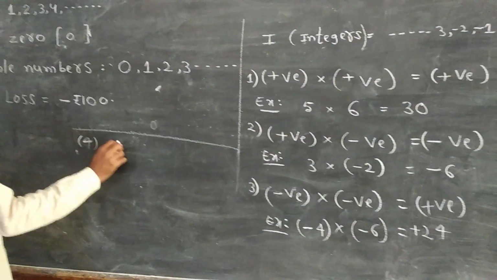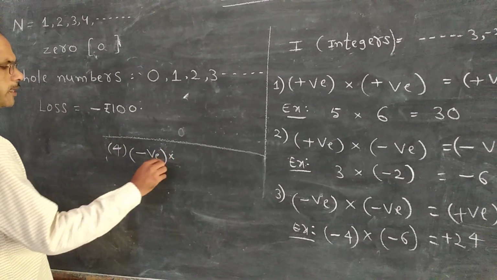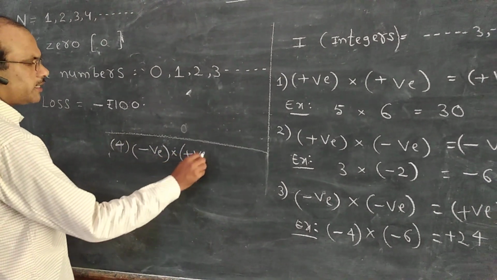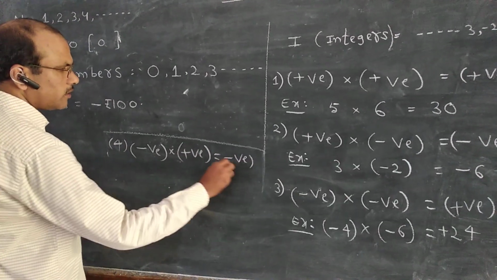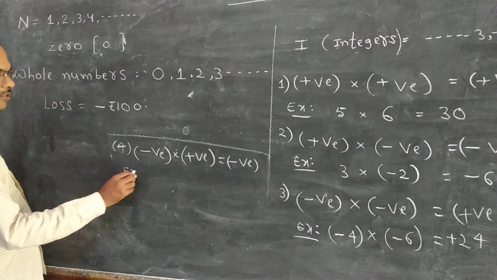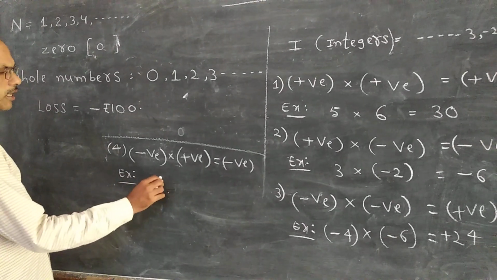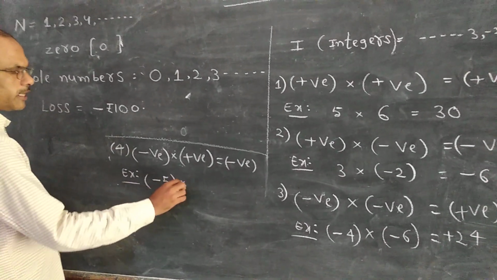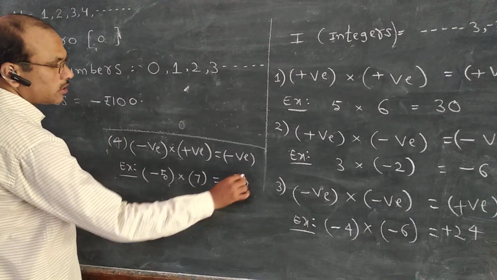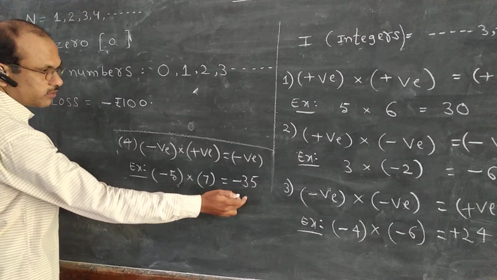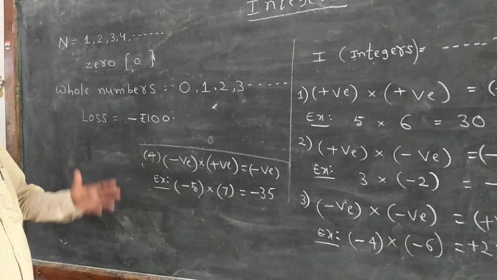Finally, a negative multiplied with a positive integer always gives a negative integer. For this example, -5 multiplied with +7 gives -35. That is a negative integer.